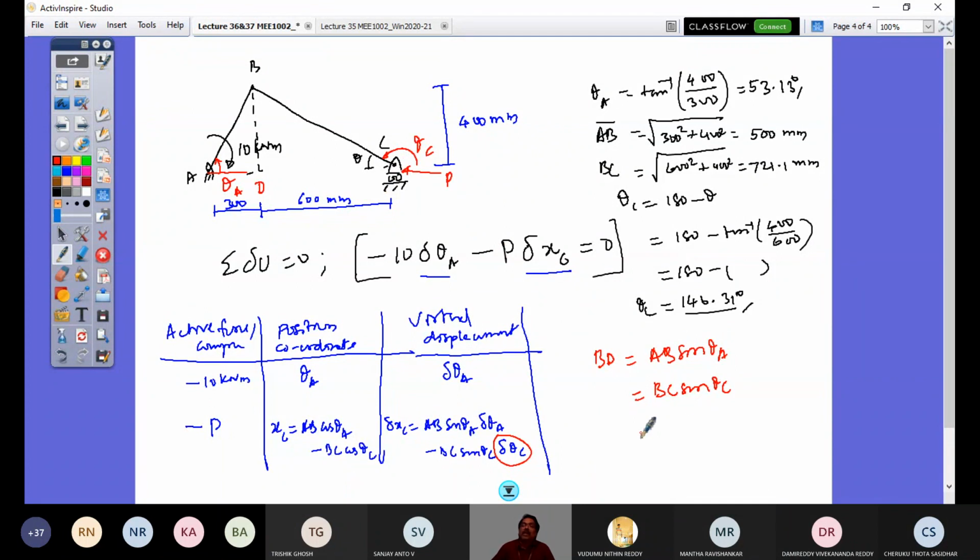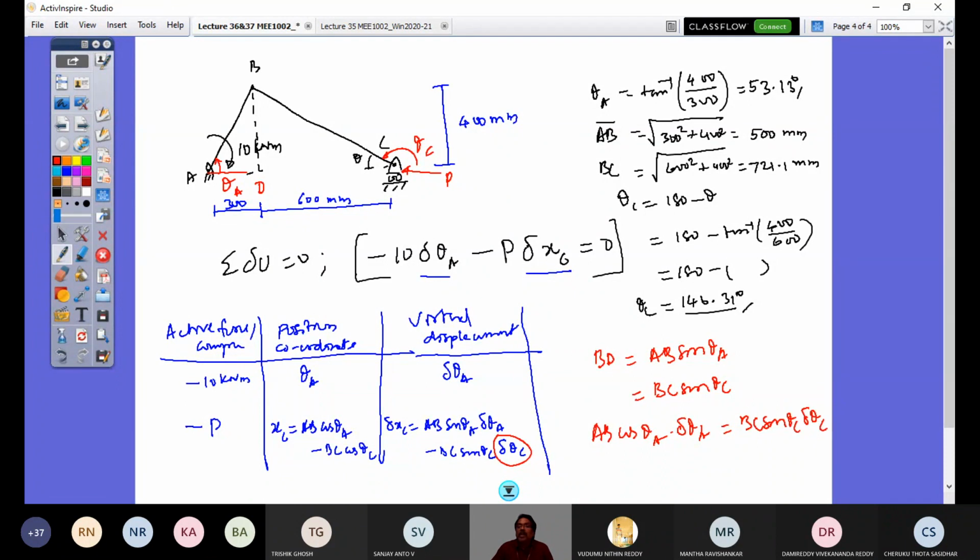So if I have that, I can now get my delta theta A by differentiating on both sides. So that's going to be AB, differentiating both sides with the respective angle, so AB cos theta A delta theta A, and this side it's BC cos theta C delta theta C.